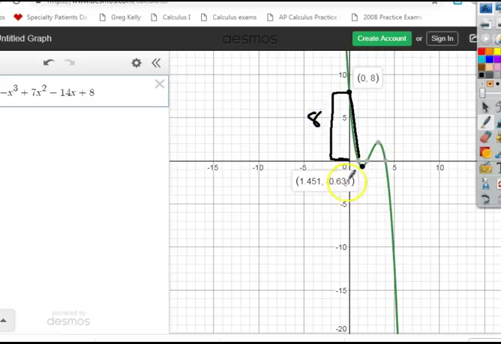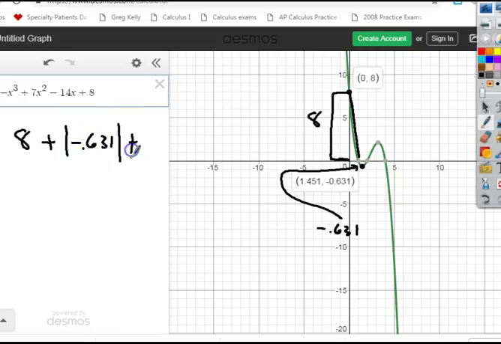And then this piece right beneath here, that's negative 0.631 beneath. So even though it's negative, I consider my distance traveled: 0.8, plus the absolute value of negative 0.631, plus it comes back up after there.